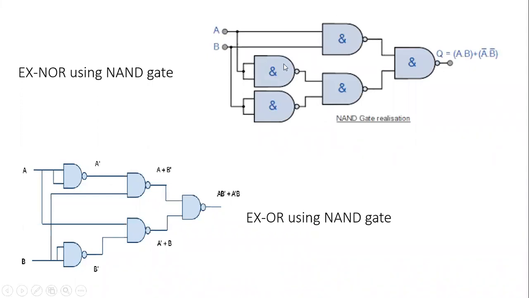We give the A input to a NAND gate and the B input to a NAND gate. That makes it A bar, B bar. This A bar, B bar is given to a NAND gate again. That makes it A bar into B bar whole bar.